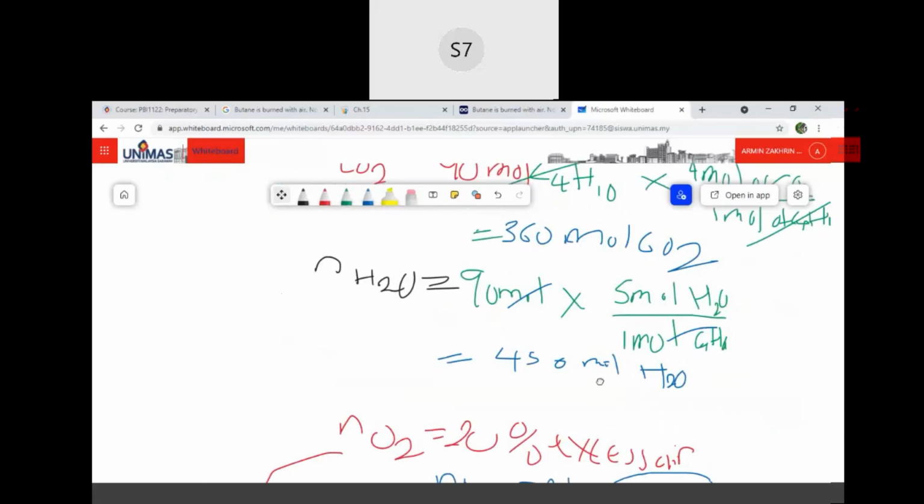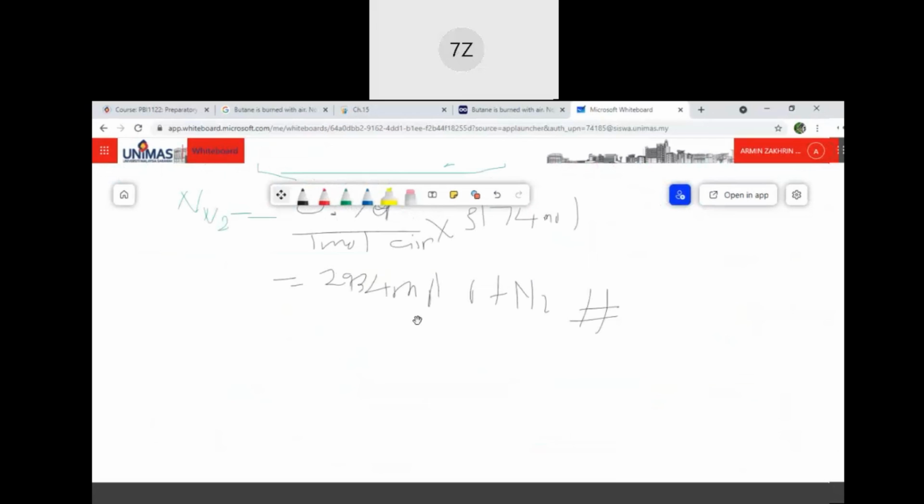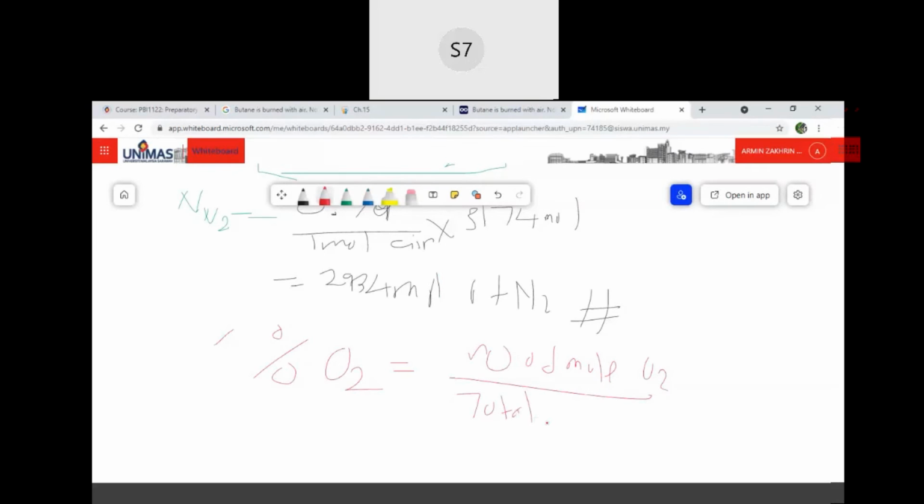Okay, next we need to find the percentage. The percentage uses the same formula as from Samuel. Take the percentage of O2 as an example: it equals the number of moles of O2 over the total number of mole composition.